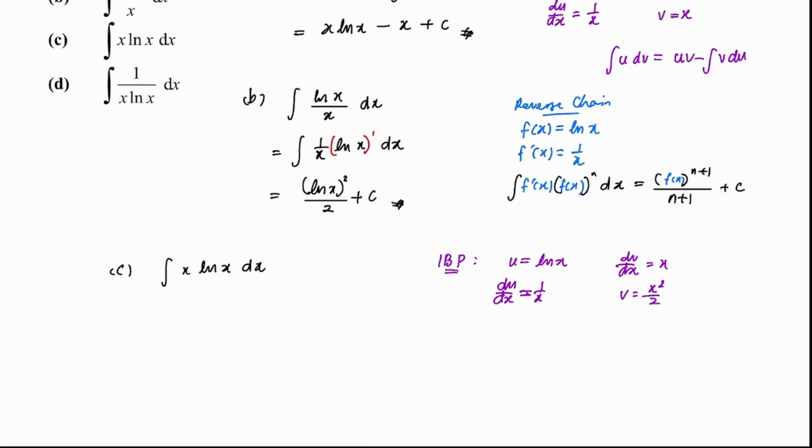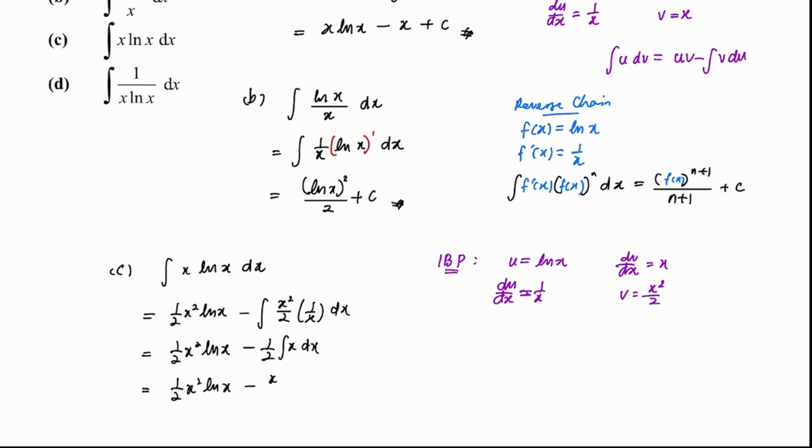Then ultraviolet would do, so half x squared ln x, minus v du, so x squared over 2, 1 over x dx. Let's tidy this up. Then the last step would be to get something like this: x squared over 4, then minus, plus c. So this is for part C.